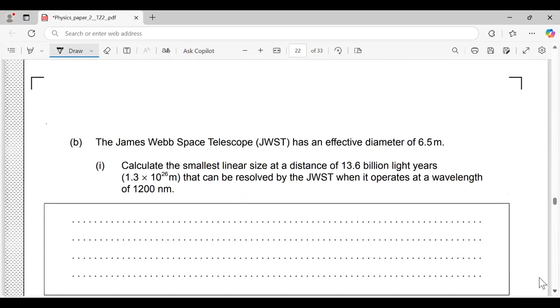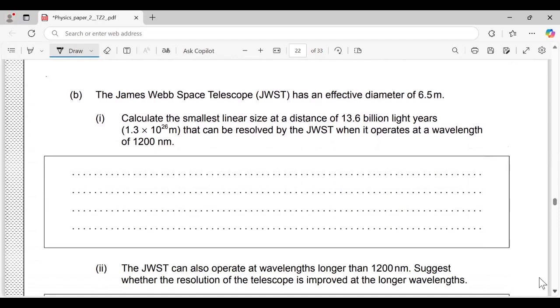Next, the James Webb Space Telescope, JWST, has an effective diameter of 6.5 meters. Calculate the smallest linear size at a distance of 13.6 billion light years. It is 1.3 times 10 power 26 meters.